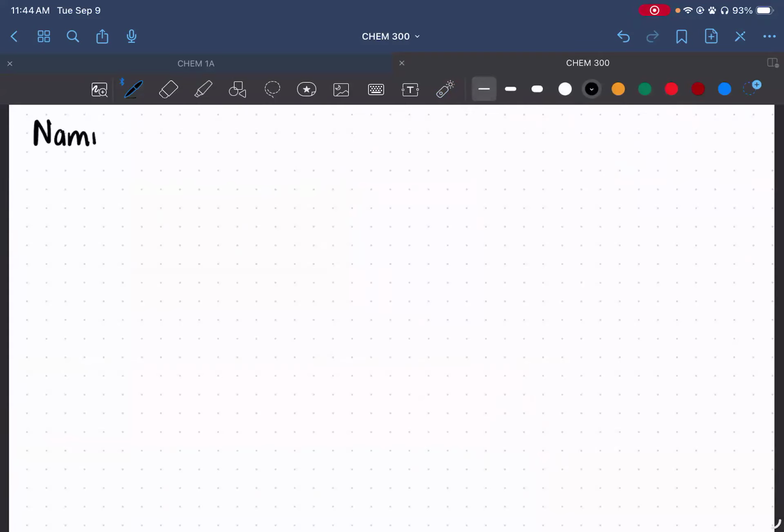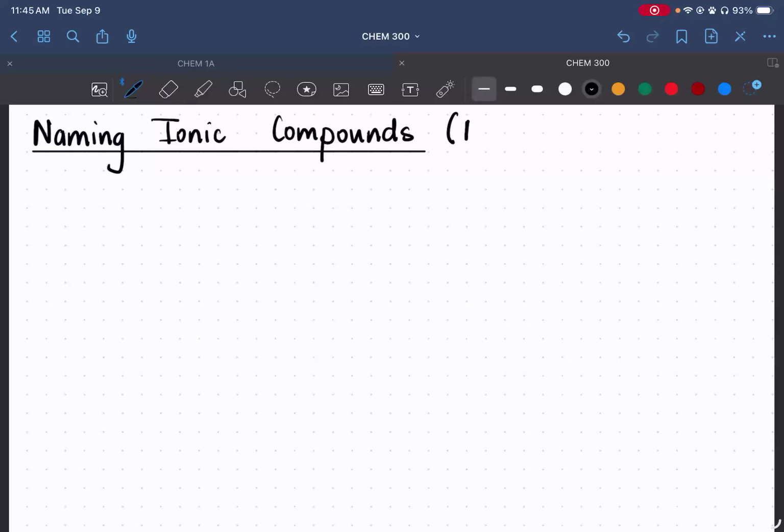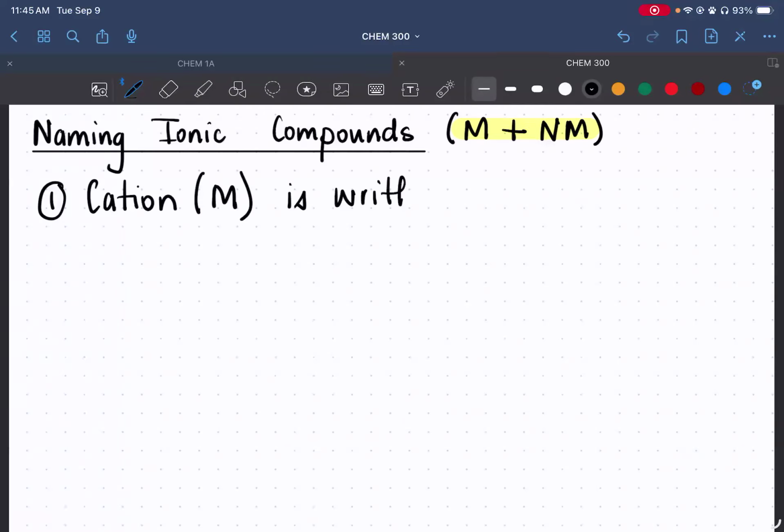How do we name ionic bonds then? Naming ionic compounds. Again, I'll write it up here nice and plain. An ionic compound is a metal and a non-metal. All right, the procedure is actually just 2 steps long. Number 1, the cation, which will almost always be the metal, is written first, aka on the left side of the phrase or name.